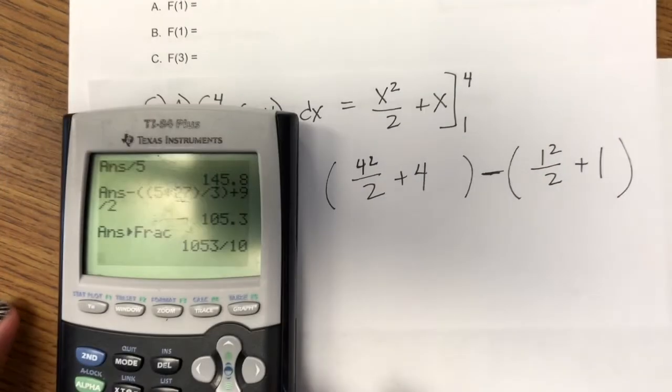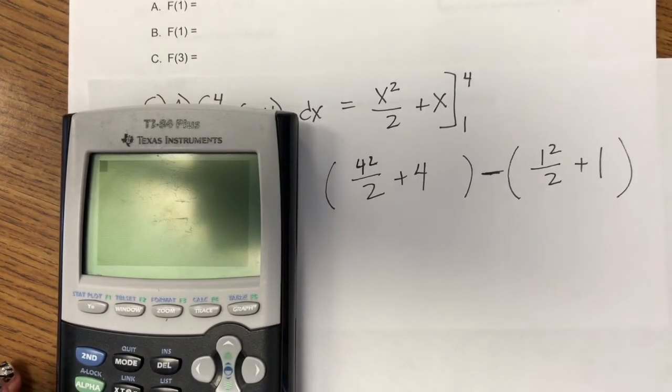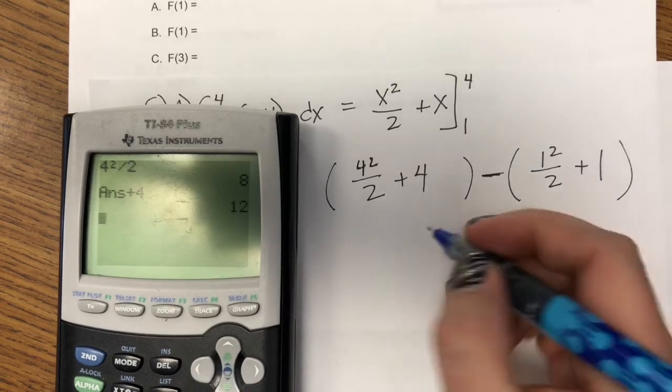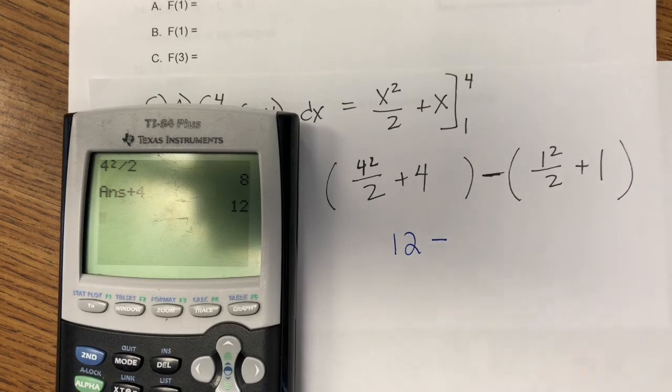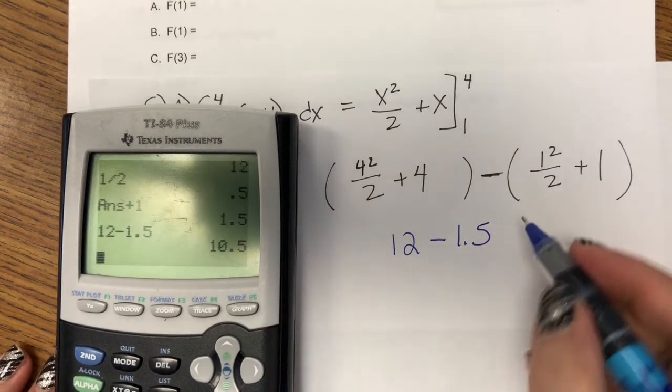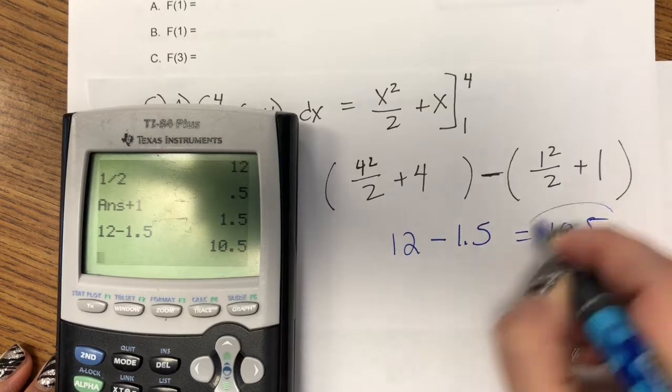Now I'm going to use my calculator. Sorry, my pen tip got pushed in. I'm finding another pen. Okay, so that's going to be 4 squared divided by 2 plus 4. So this is 12 minus 1/2 plus 1 is 1.5. 12 minus 1.5 is a final answer of 10.5.